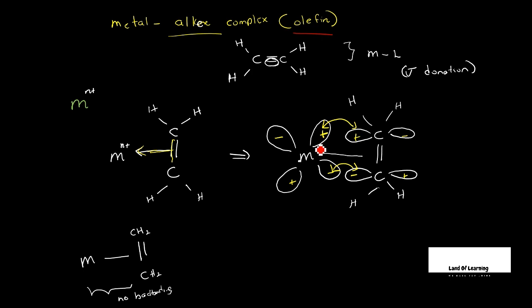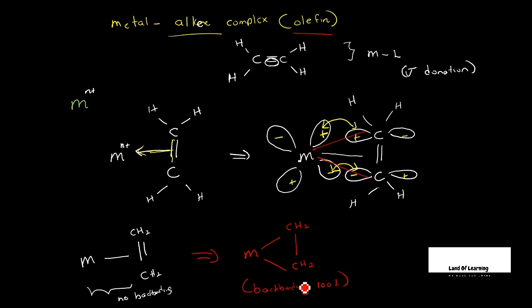You can see there will be a bond forming between the metal center and this carbon, and another bond forming between the metal center and this carbon. When the back bonding is at its maximum, at 100%, our bond will change like this. This is the back bonding at its maximum effect.